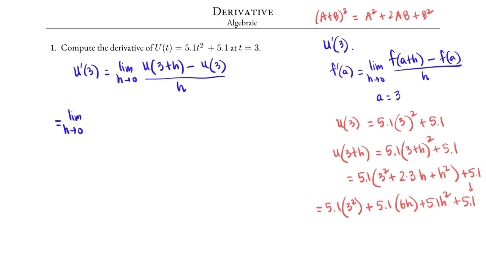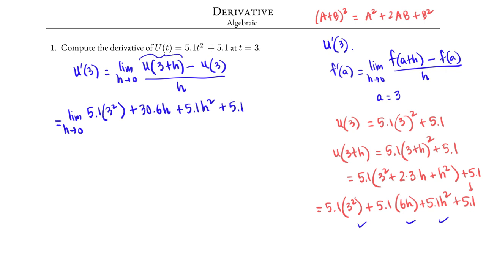We now put these back into the limit formula. The limit is at h going to 0, but we replace u of 3 plus h with 5.1 times 3 squared plus 5.1 times 6, which is 30.6, and then there's an h factor, plus 5.1 h squared, and then there is still a plus 5.1.